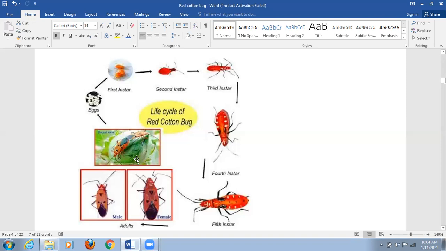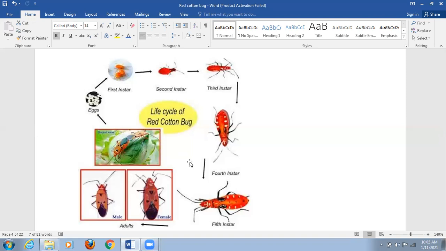They take shelter under the leaves or the debris from December to the middle of March, and they feed on the bhendi from April to July. This pattern is fixed.